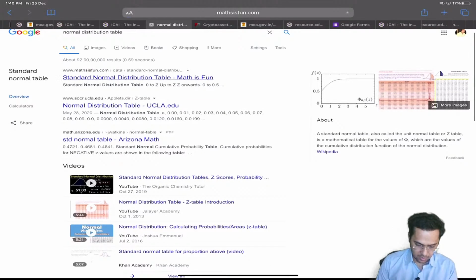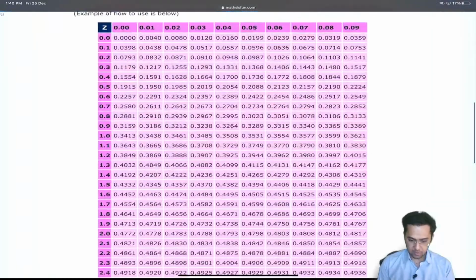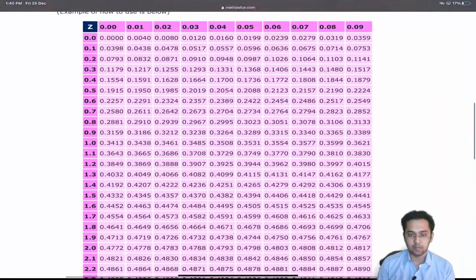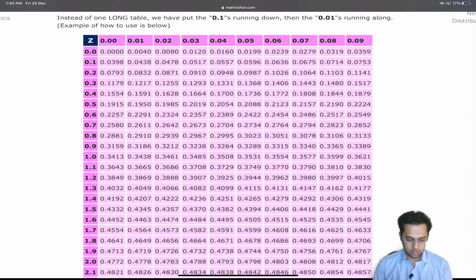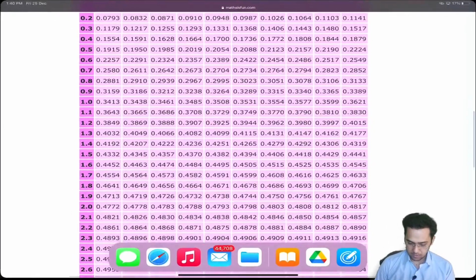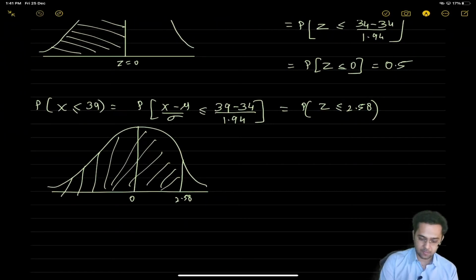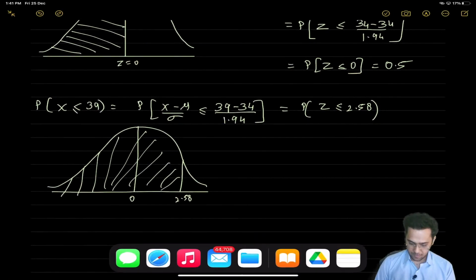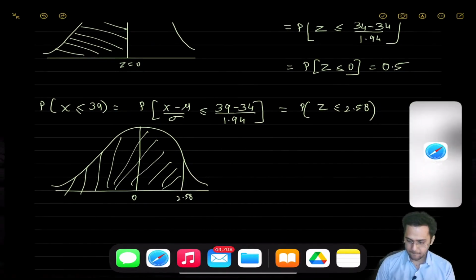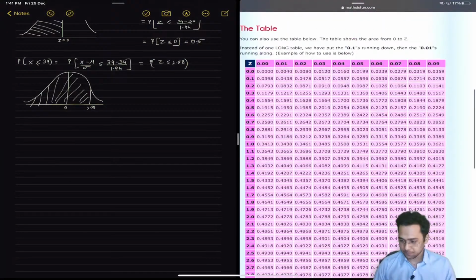You can just get it from anywhere, even in the exams it will be given to you. So this is the normal distribution table. The value we want to find is 2.58. Let me bring up the normal distribution table in front of you.